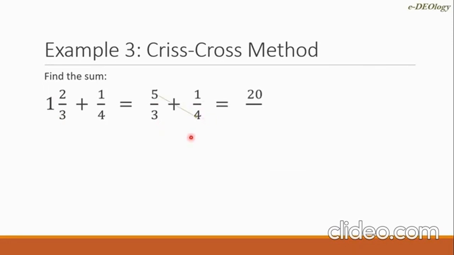Then I will start my crisscross method. 5 times 4 gives me 20 plus 3 times 1 is 3. Then 3 times 4 is 12. Simplifying the numerator, I got 23/12, or the mixed number of 1 and 11/12.